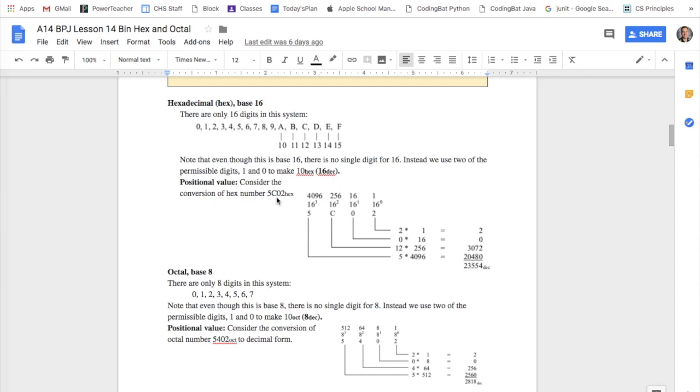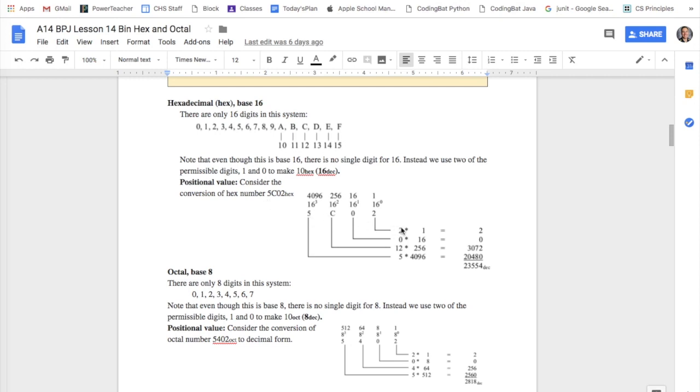Here's another number, 5C02. The 2 is going to be the number of ones. The 0 would be the number of 16s. The C would be the number of 16 squareds, or 256s. And then the 5 would be the number of 4,096s, or 16 to the third power.